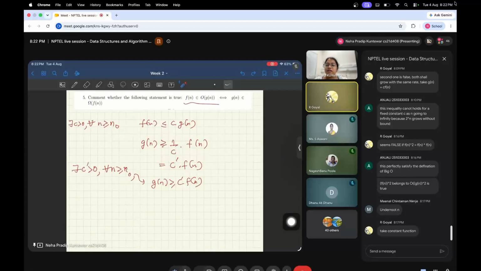Yeah, that is correct. That is my point. The strict thing is just one aspect, that f of n is strictly less than g of n. The other thing is that this inequality must hold true for all values of c, not just some values.